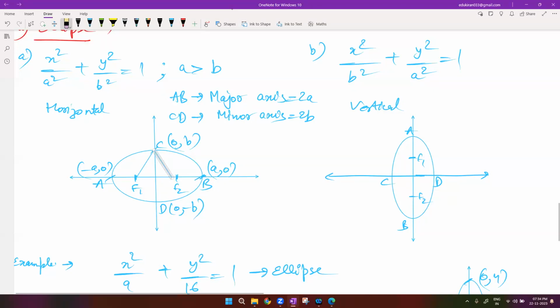If you take any point on the ellipse and find those distances, their sum will be the same for every point. And if I take any other point, let's call it E, then EF1 plus EF2 will be equal to CF1 plus CF2.